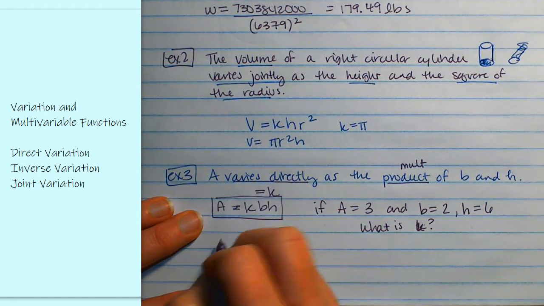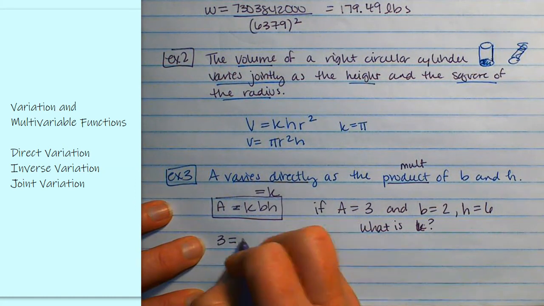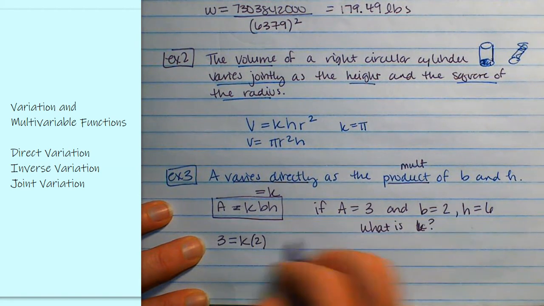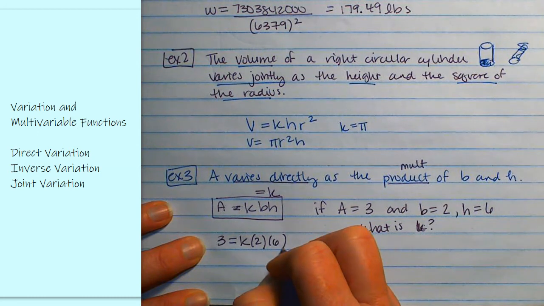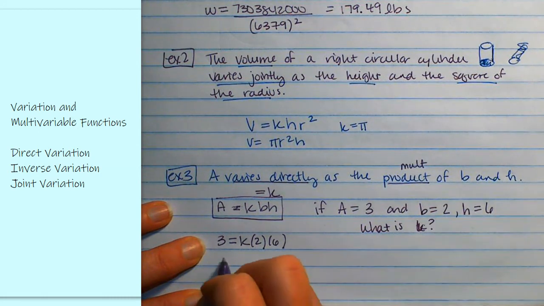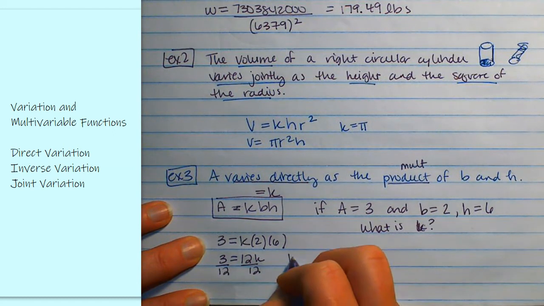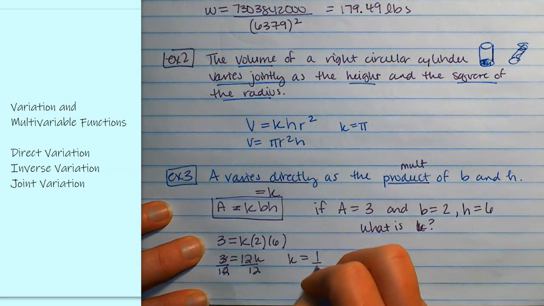A equals 3, 3. K, I don't know yet. B is 2. H is 6. That's mathematically 3 equals 12K. Divide by 12. And K equals 1/4.